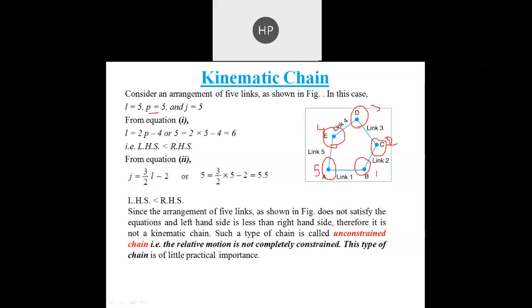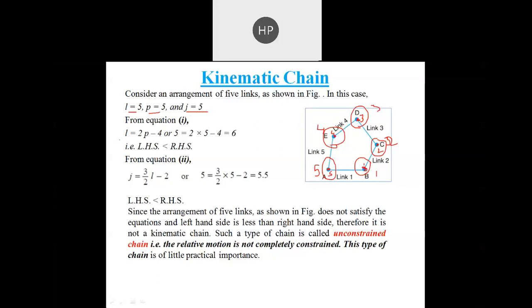So here we have link 5 and pair 5. Link 1 and 2 are joined at this point, so this is joint 1, link 2 and link 3 are joined, so this is joint 2, this is joint 3, this is joint 4, and this is joint 5.